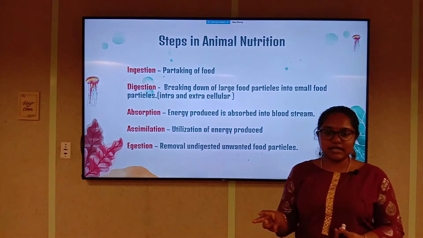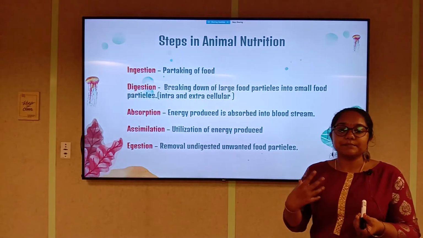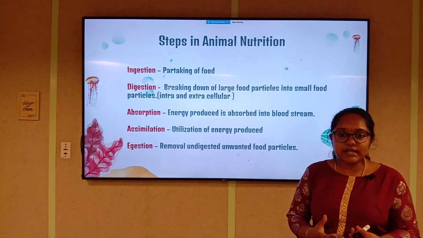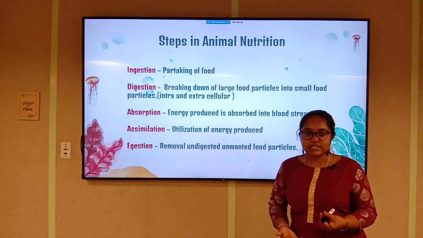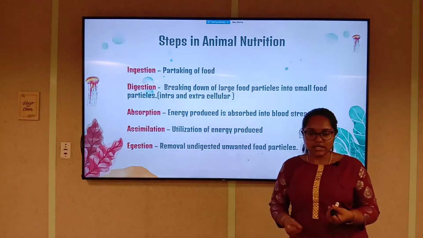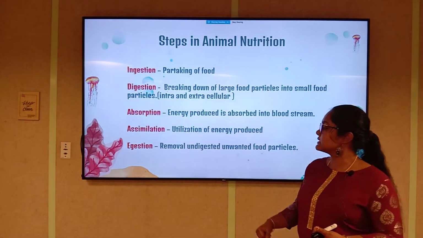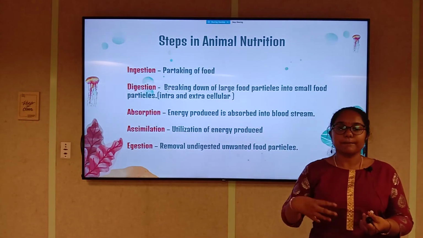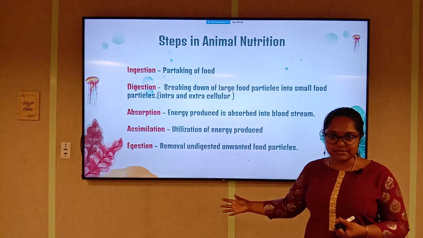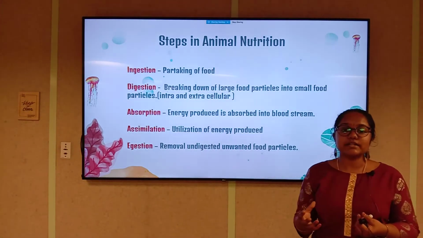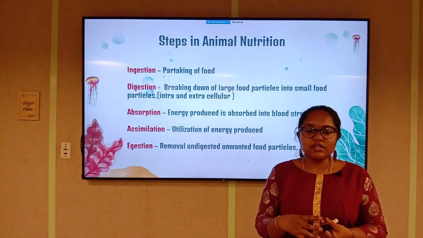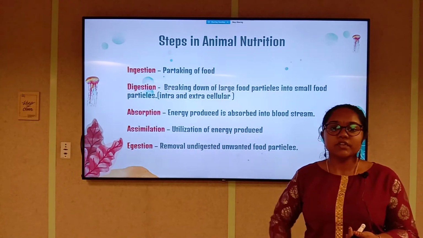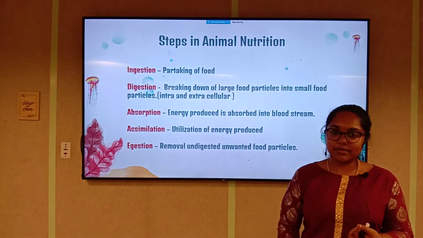Now the second step, digestion, is where the food substances which we have taken inside the body are broken down and digested to release the nutrition. And third step, absorption, is once the nutrition is obtained from the digested food substances, it has to get into the blood, because blood is the only transport medium in any living organism, whether it's white blood animals or red blood animals.